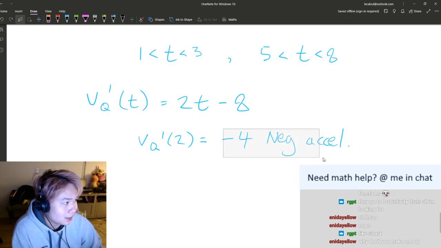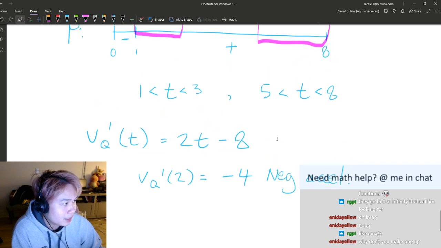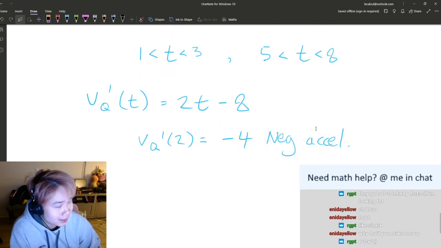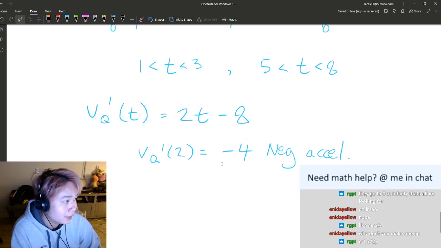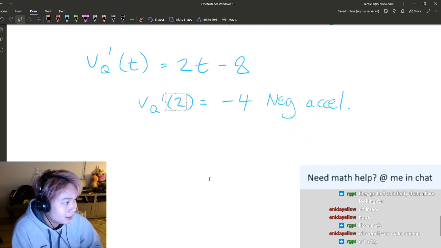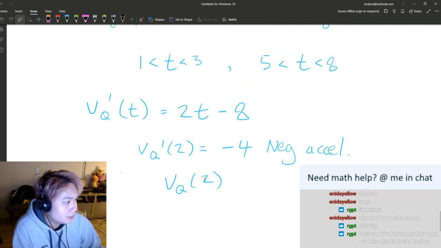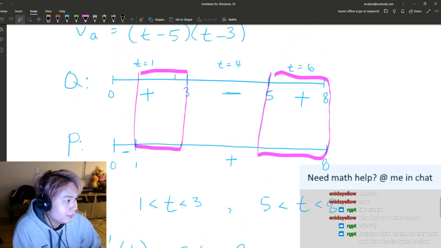Because this means it's accelerating towards the left. So if you're moving to the left at the same time as you're accelerating to the left, then you're actually getting faster. So at v, the velocity of Q at 2, we can just check our chart right here, is positive. So it's actually moving to the right.